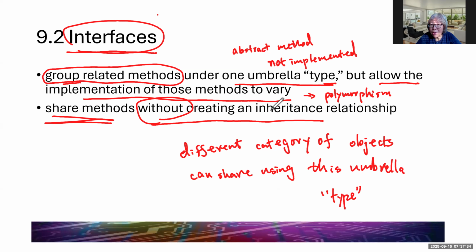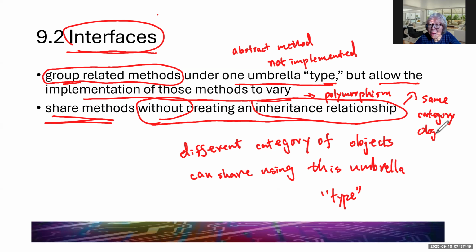So that's different. If you recall, for an inheritance relationship, they must be the same category of objects, at least through the superclass, etc. But for an interface, it's a different category, and they can also share. Okay.